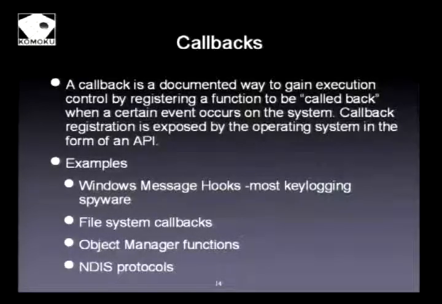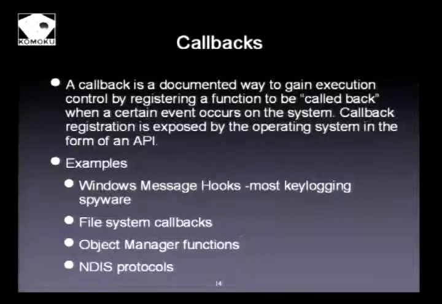There's object manager function callbacks. We won't go into too much detail about those. They're pretty low level, and they're not actually exposed through a nice API to you. Protocol callbacks are more or less function callbacks where you can say, hey, I have my own protocol that's going to talk on the network, and therefore when a receive happens, I need to get called back when that transpires.